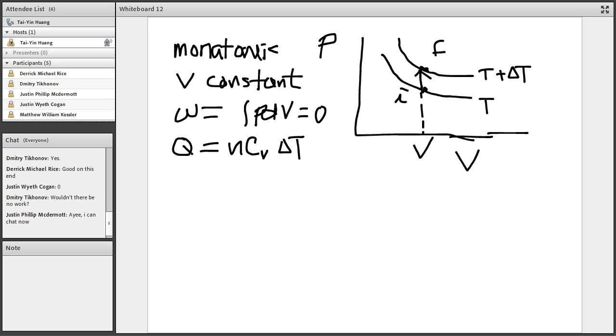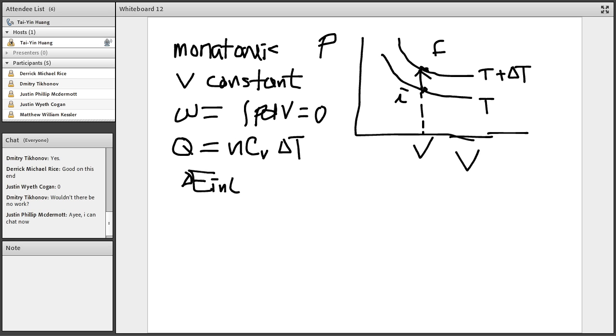Now we want to see how much change is involved in the internal energy when the gas is going through a constant volume process. We're going to use the first law of thermodynamics.